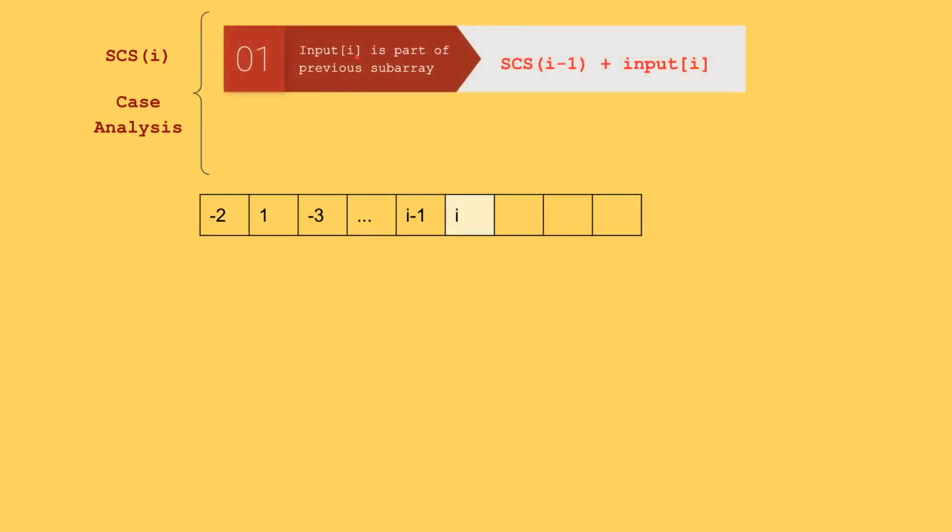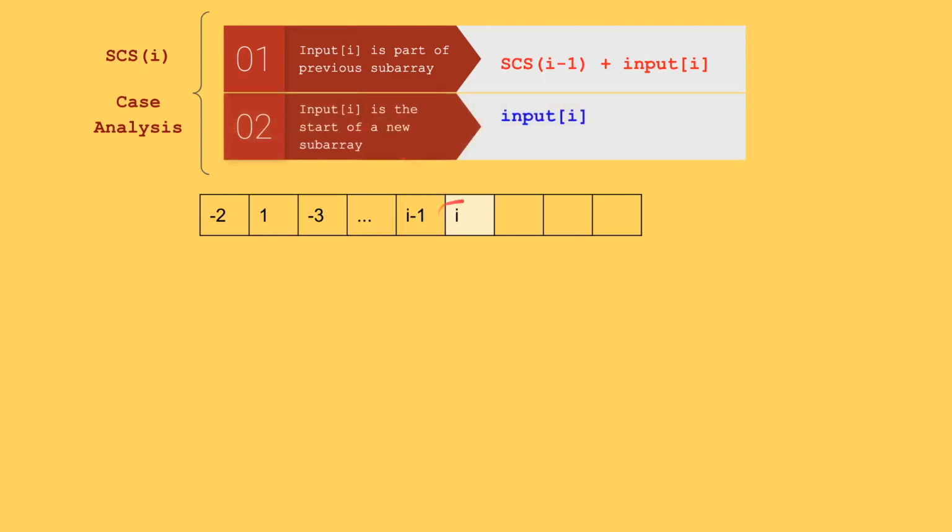Now, if input I is part of the previous subarray, that means LSCS of I has to be LSCS of I minus 1 plus input of I, so that together they build up a new sum. If it is, on the other hand, by itself creating a new subarray, then the sum starts from this value and it should be the value of input I. And then because we are maximizing this, we have to find the maximum.